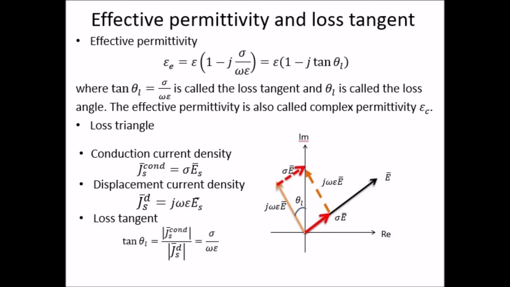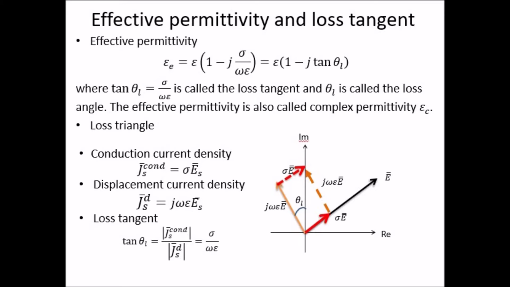Look at the diagram here. The ohmic current density term, that means the conduction current density term, is in phase with the E field, and the displacement current density j omega epsilon E term is perpendicular to the E field.